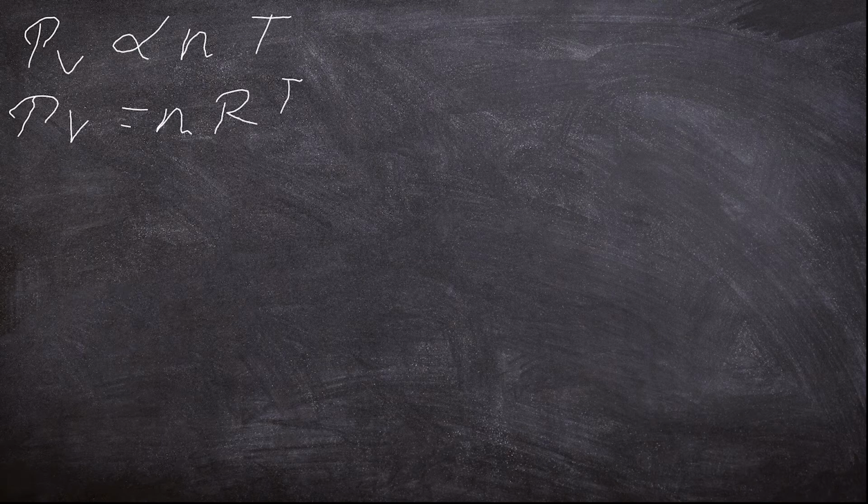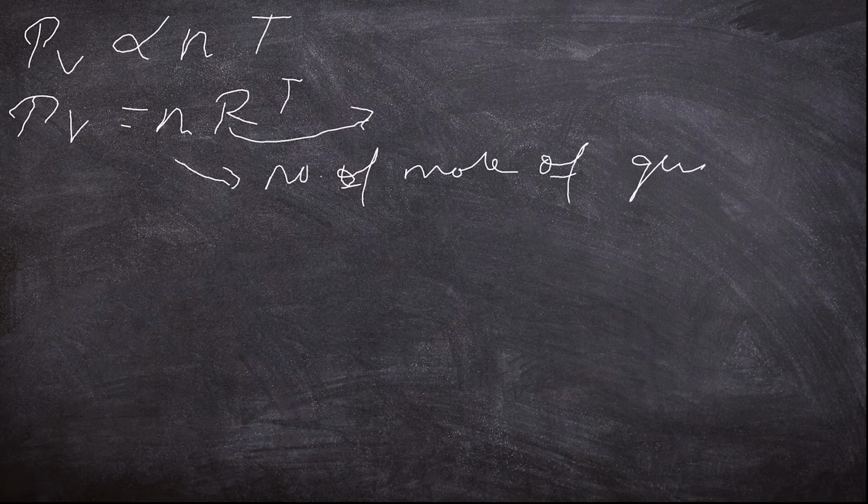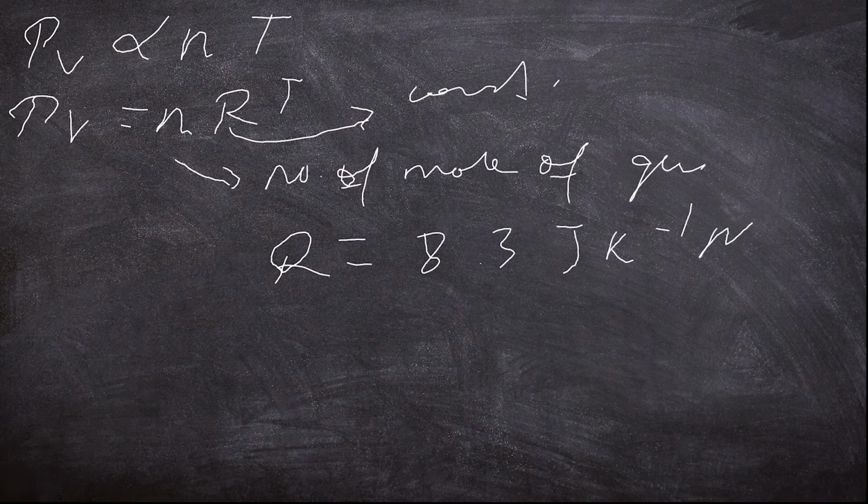Returning to the number of moles, we get PV directly proportional to nT, where R is the constant of proportionality, and PV equals nRT, where n equals the number of moles of gas and R is the constant of proportionality, whose value is 8.3 joule per Kelvin per mole.